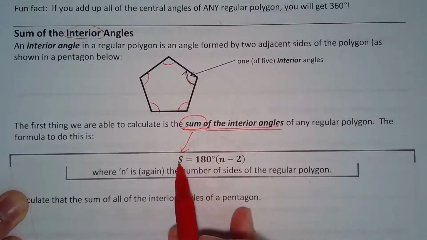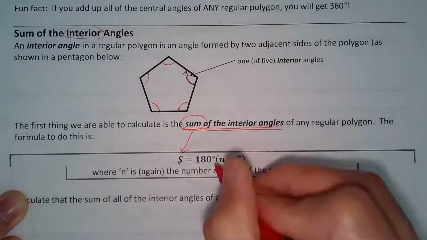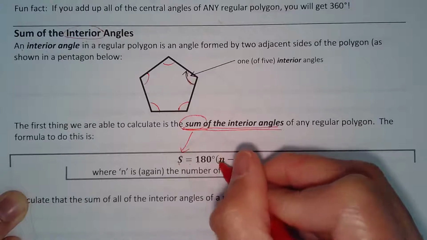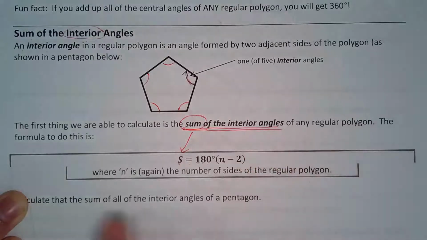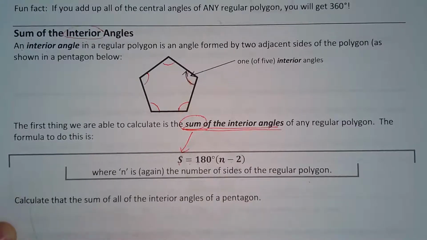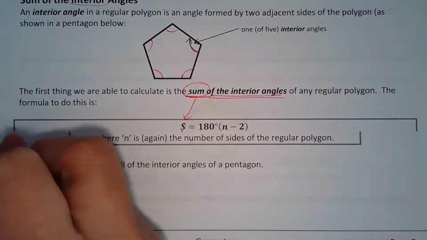S, the sum of the interior angles, is equal to 180 degrees, and then brackets means times, n minus 2, close brackets. What does the n represent again? n is representing the number of sides. Okay, for this example, this is the example.